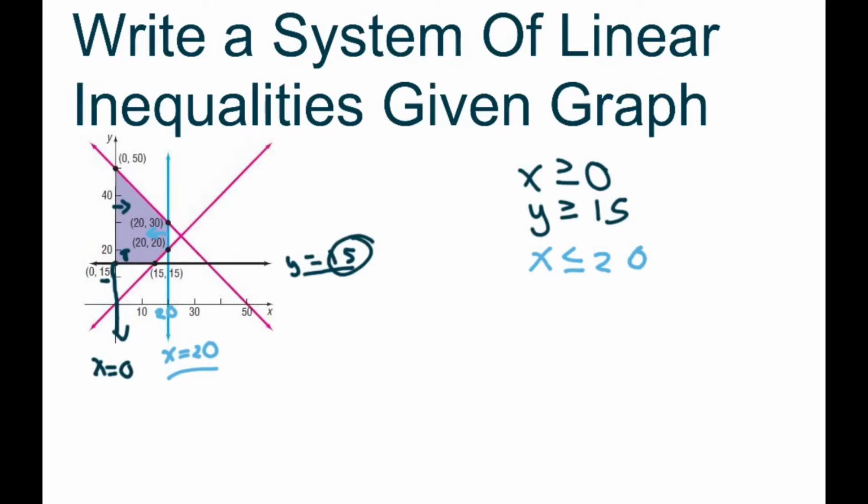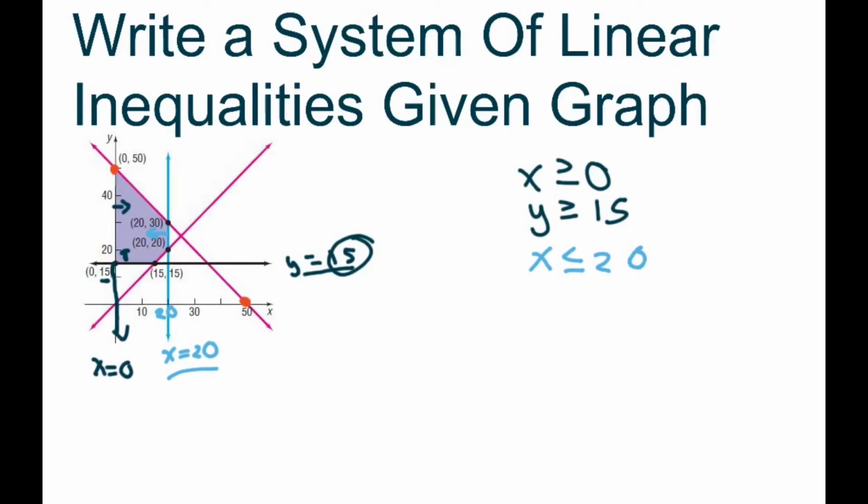Now let's do the pink ones. The pink lines are the y equals mx plus b. I noticed about this one right here, I put a dot here and a point here. Since my y-intercept is (0, 50) and my x-intercept is (50, 0), that means my slope is -1, because you're going up 50 to the left 50.